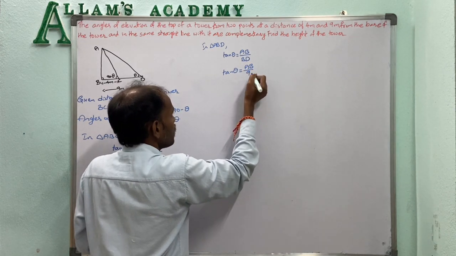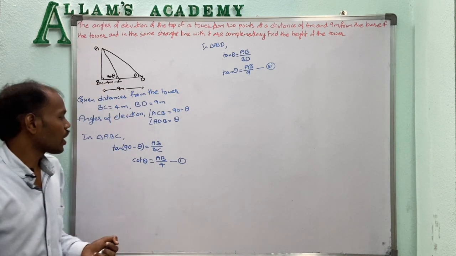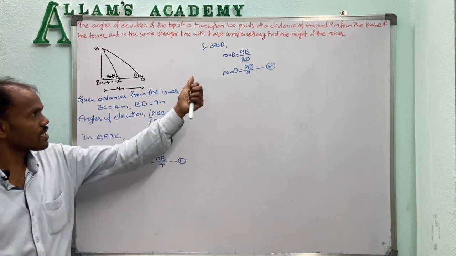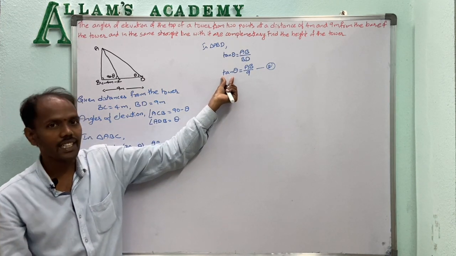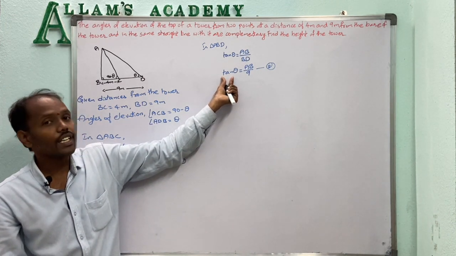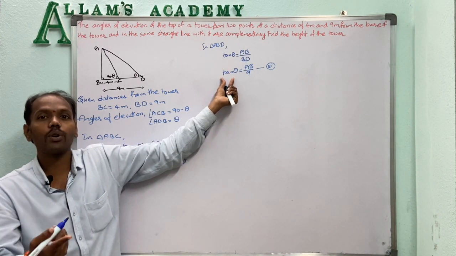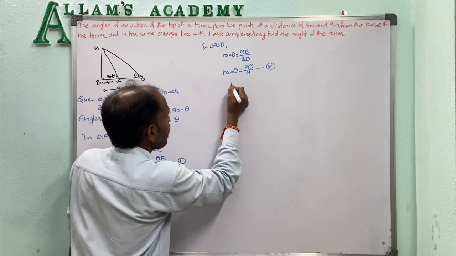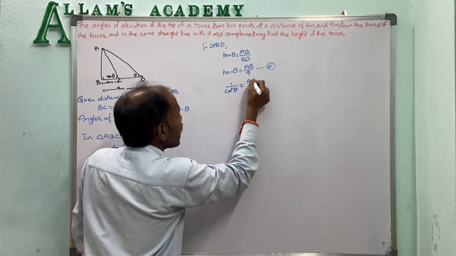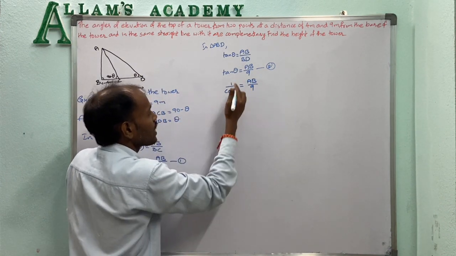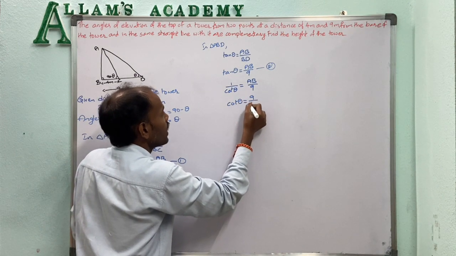AB value also we don't know. We take it as the second equation. Now from the first and second equation, the first is given in cot theta and here it is tan theta. So we can write tan theta as the reciprocal of cot theta. So 1 by cot theta equal to AB by 9. By reversing, cot theta equal to 9 by AB.